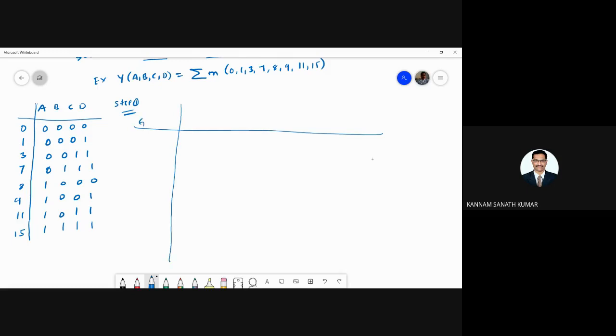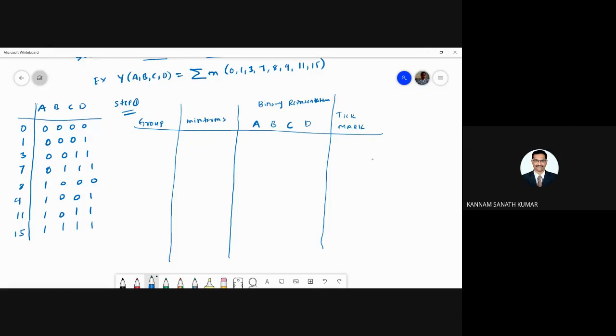You have to make groups, then minterms, and next minterms and their binary representation, that is A, B, C, D. And the last column is the tick mark.